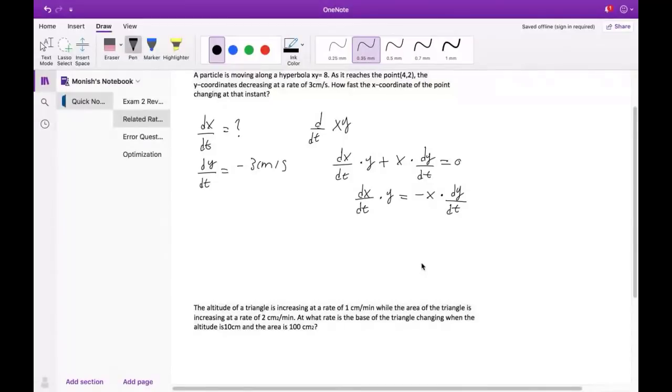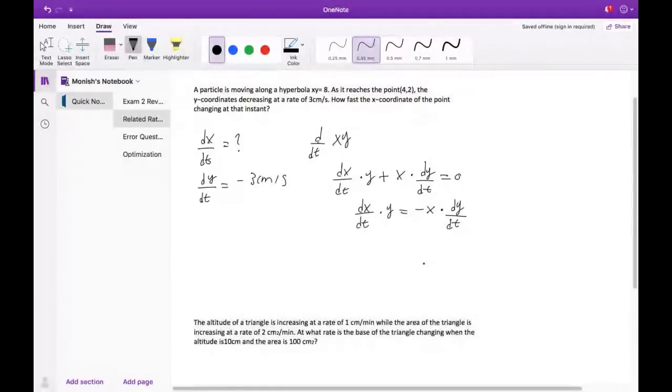And then we can just plug in the variables that they gave us at the beginning. So we know that our point is 4, 2, so x is equal to 4, y is equal to 2. So we know dx over dt times 2, and then x is negative 4, and you know that dy over dt is equal to negative 3.